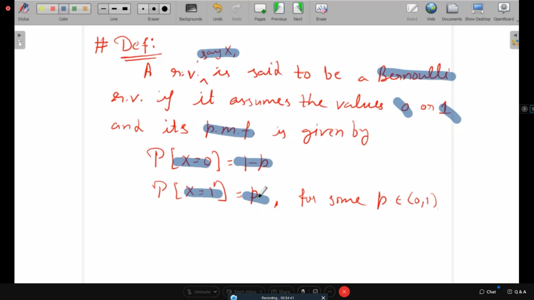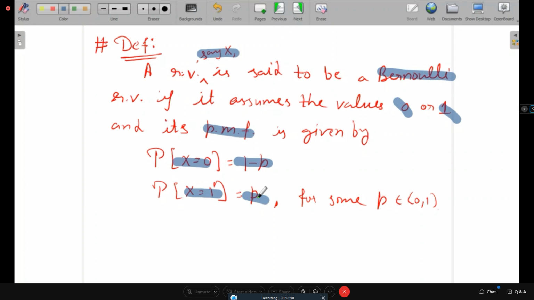Now, if you repeat this Bernoulli trial n times, when you perform a trial, you only notice either a success or a failure. If you repeat this n times, then what will you see?